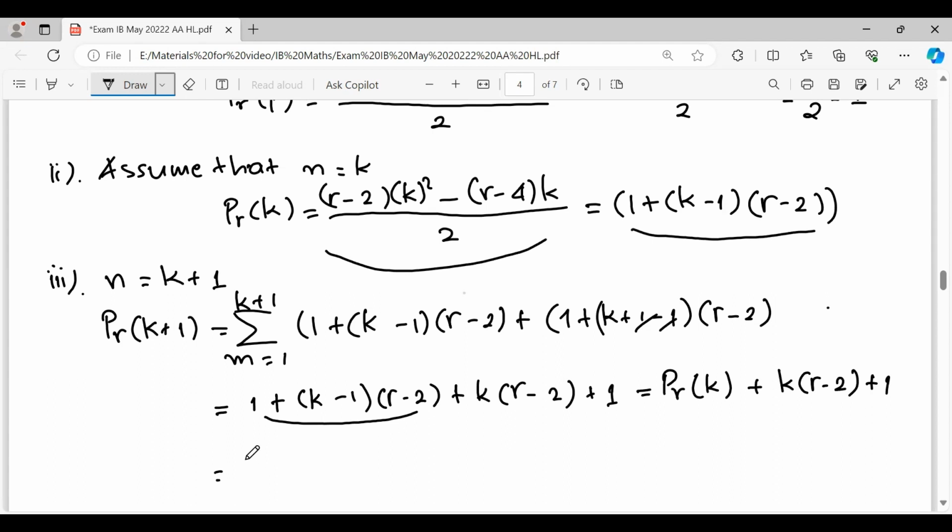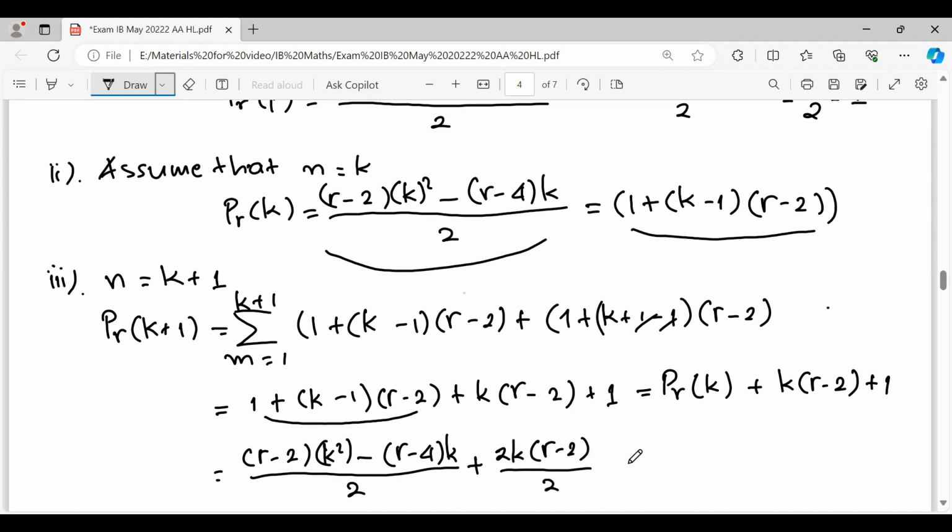So we can write that (r minus 2)k squared minus (r minus 4)k over 2, plus, setting the same denominator, minus 2k(r minus 2) over 2 plus 2 over 2.